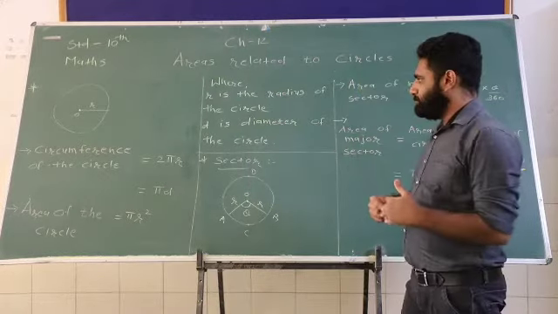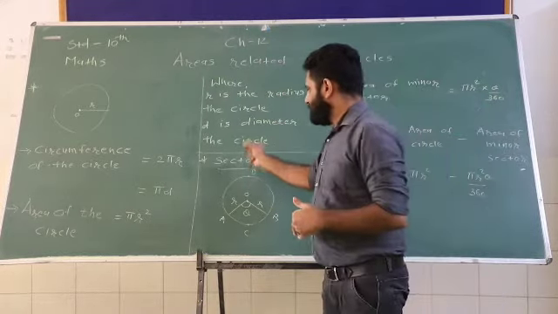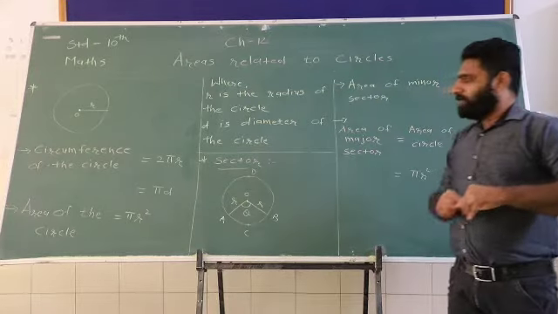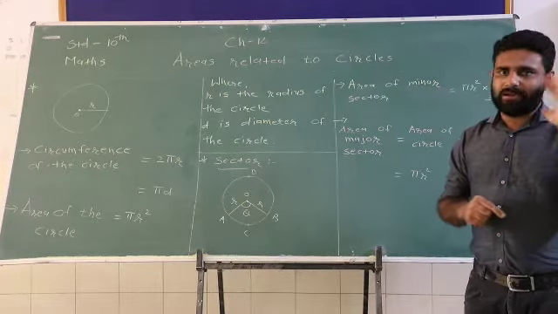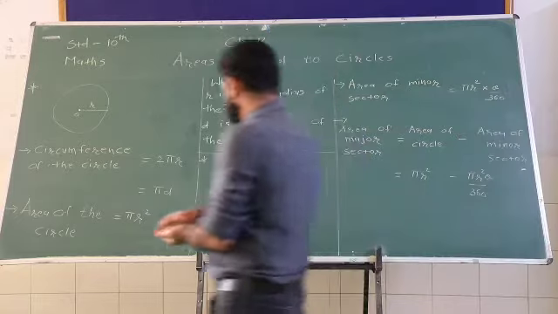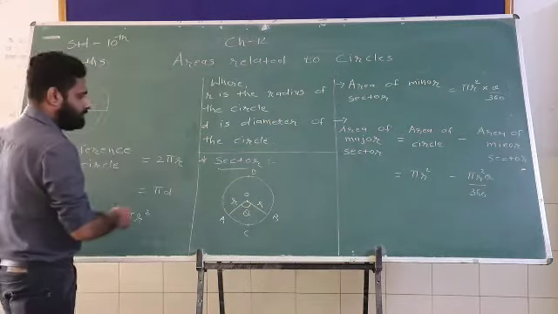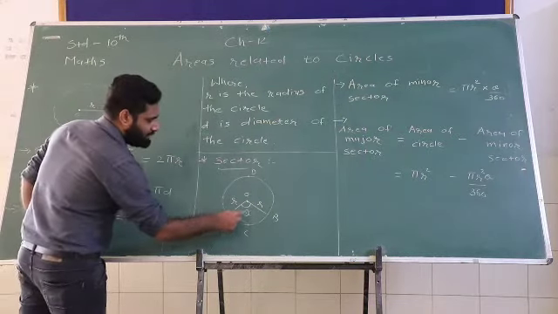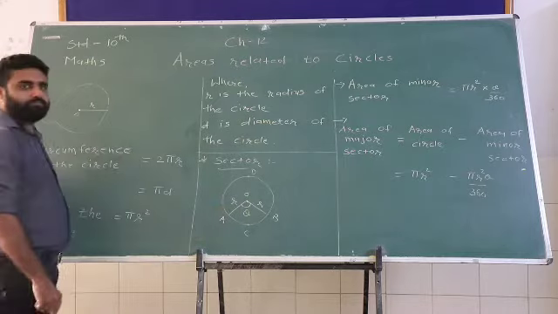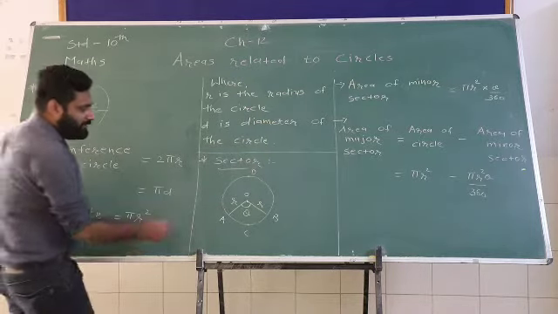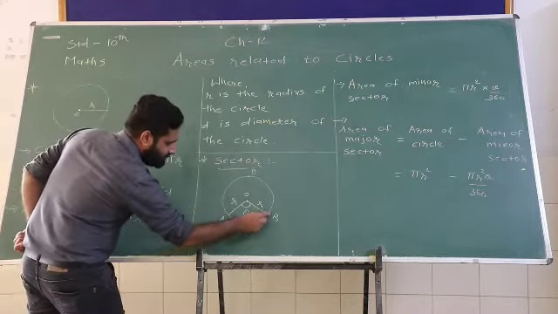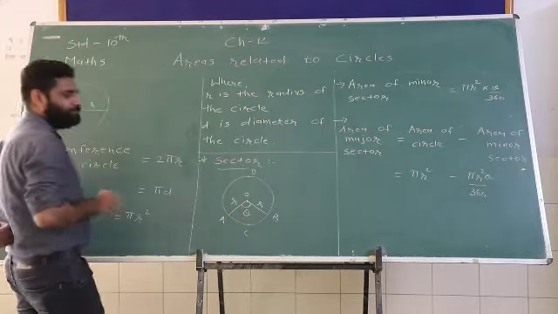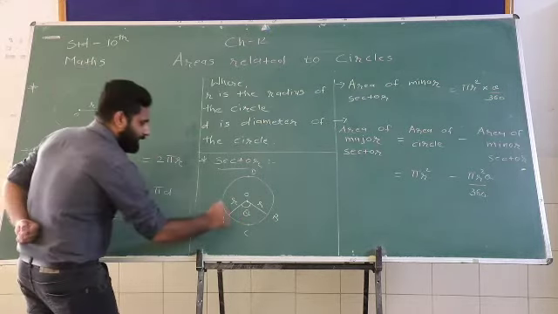Now moving ahead, sector. So first of all, what is a sector? See, here in a circle, I have 2 points A and B. That is ACB, that is an arc.